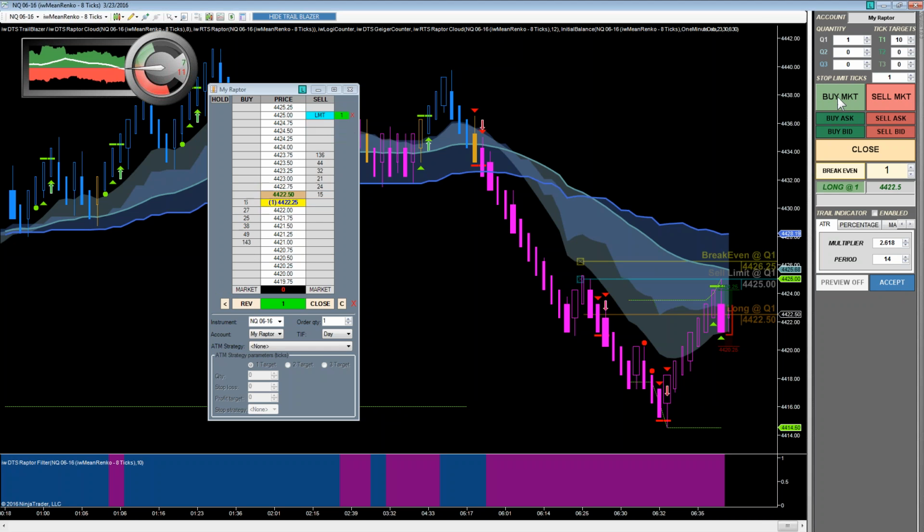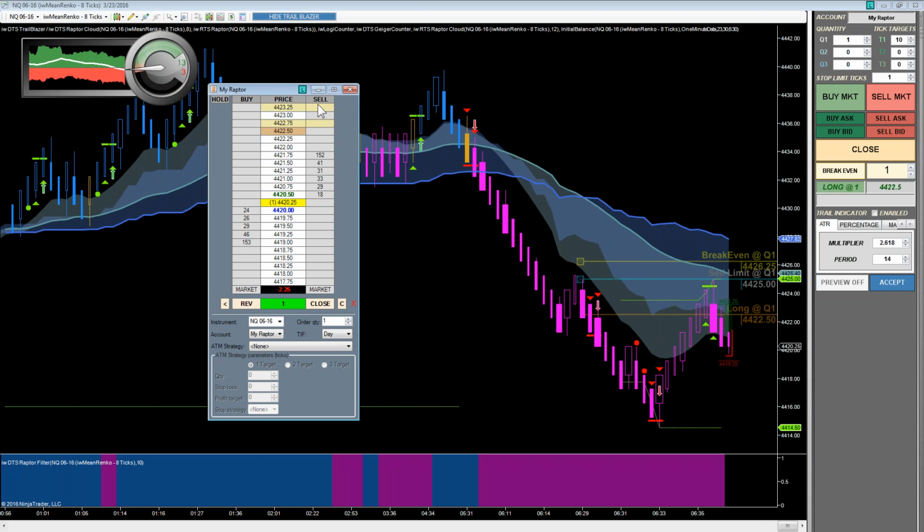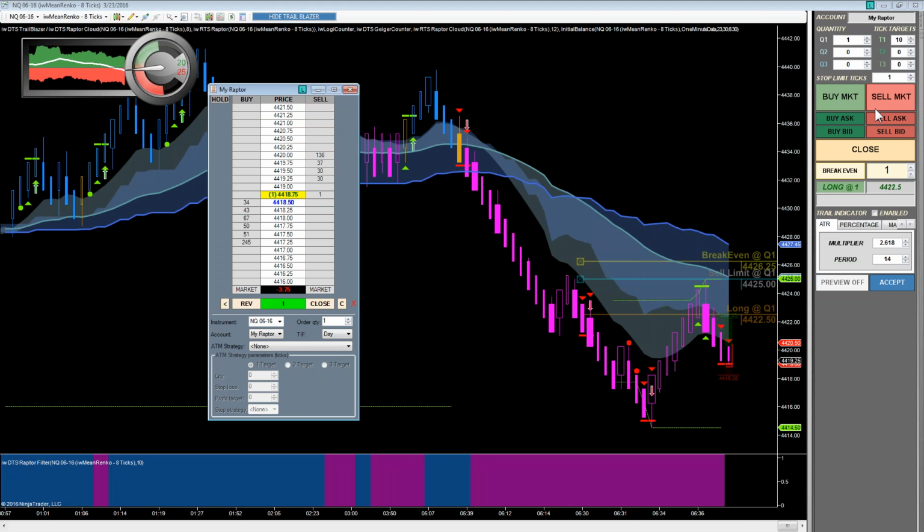I hit my buy market button and I have my profit order right there. Oops, disappeared as we're moving away. Let's make this a little bigger maybe. No, we can't. So it works in reverse, whereas I can enter on Trailblazer, I will get my orders on the dome.